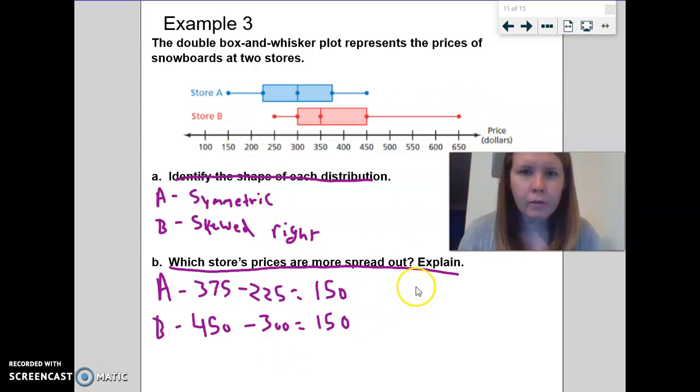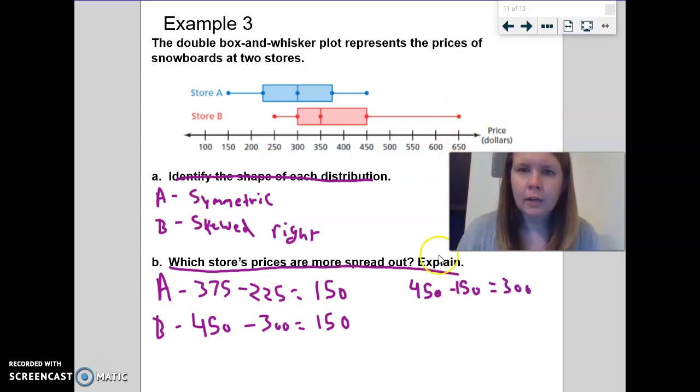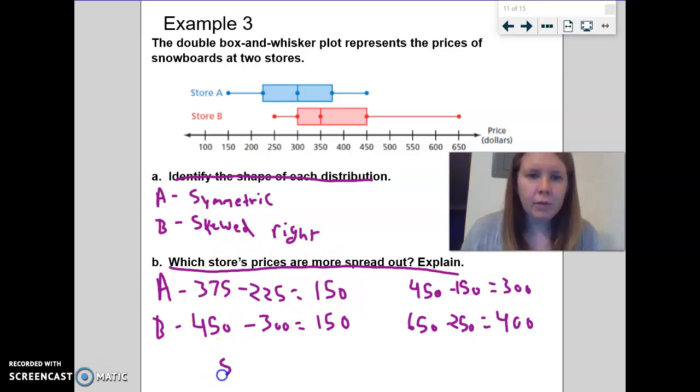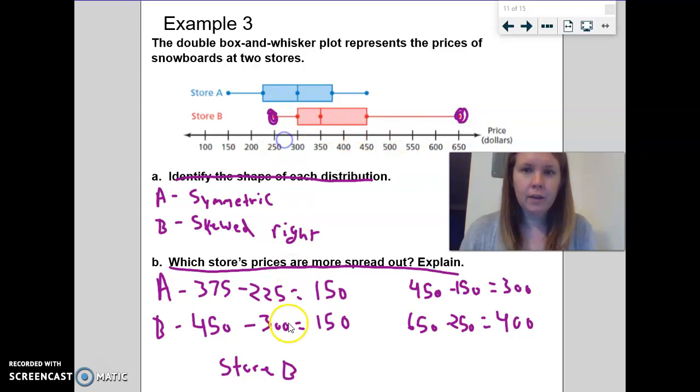So if I find the regular range for A here, which is 450 to 150, that looks like a difference of 300, and then for this one I'm going from that largest value, so 650 to 250. Oh, which is 400. So if I was to say which store's prices are more spread out, I would say store B. Although they have the same IQR, where the most amount of data is, this store has a bigger range, okay, ultimately from the largest value to that smallest value.